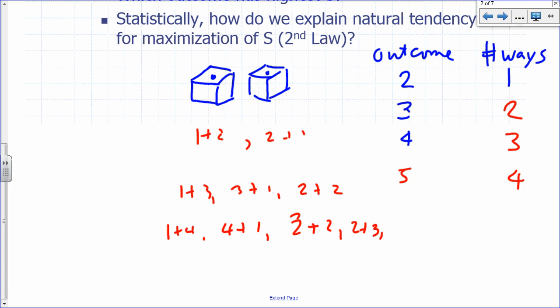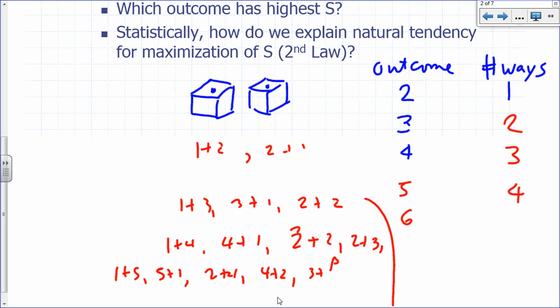How many ways can you get an outcome of 6? 5 ways. That'll be 1 plus 5, 5 plus 1, 2 plus 4, 4 plus 2, 3 plus 3. So 5 ways.